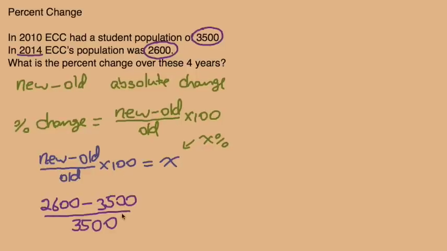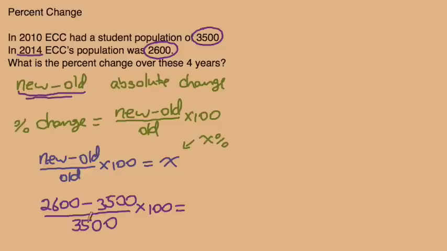So we have the new minus the old over the old, and make sure that these two numbers are always exactly the same, because they are literally both old and old. Alright, we're going to turn around and multiply by 100, and this should give us our x percent, or our percent change.